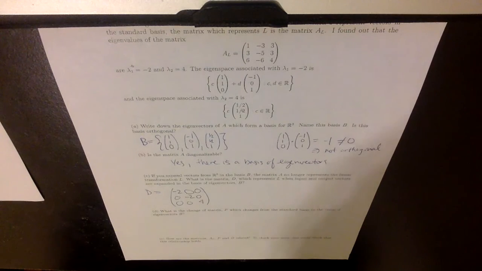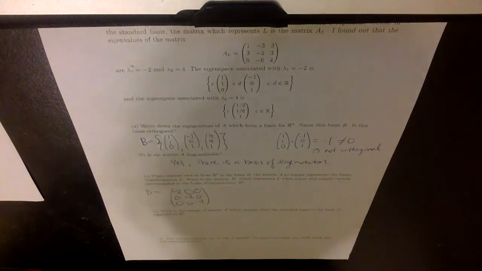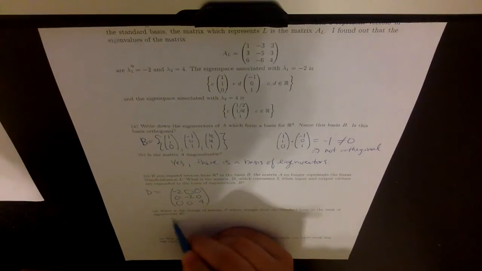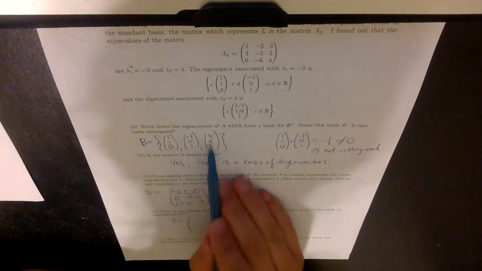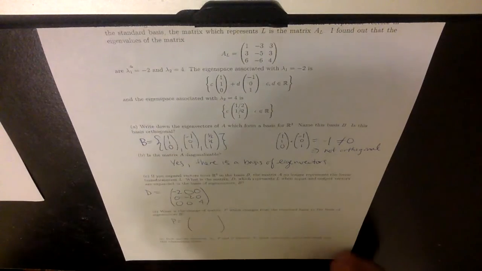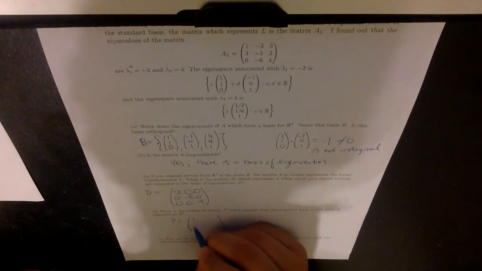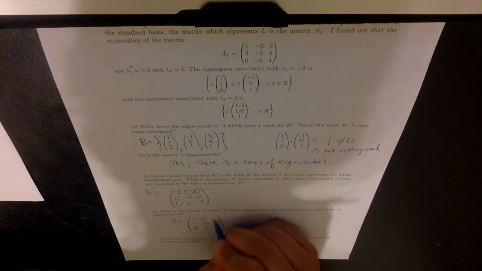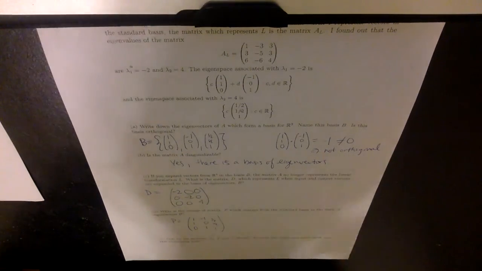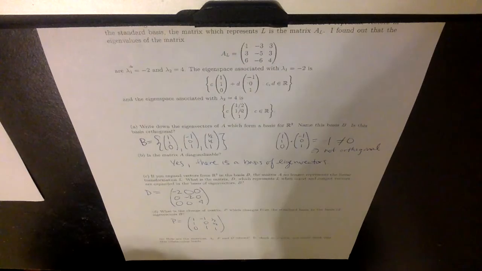So here, our change of basis matrix P, we're just going to take these column vectors, smush them together into a matrix, and write them down. So (1, 1, 0), (-1, 0, 1), (1/2, 1/2, 1). That's our change of basis matrix.